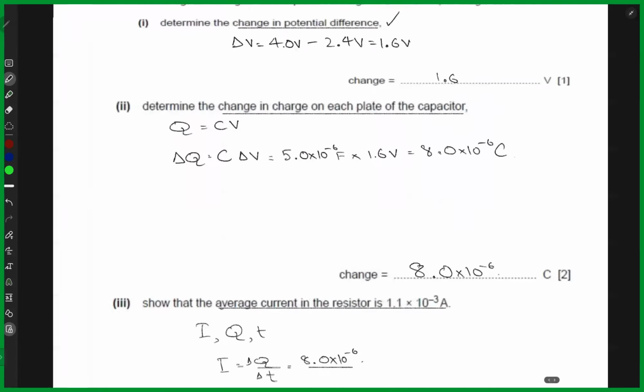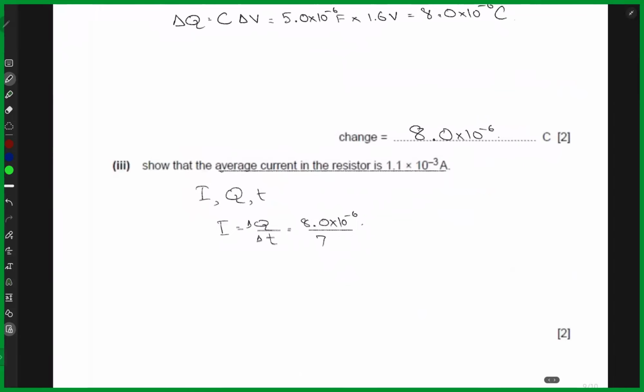So that's the value of delta t, 7 into 10 raised to power minus 3 seconds. Now you just do the math. This should give you 1.1 into 10 raised to power minus 3 amps.